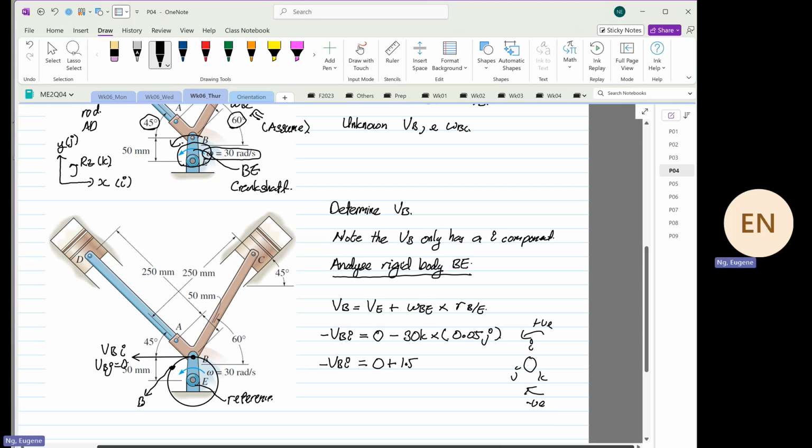And this is in your I direction. So what we have now is VB is equal to minus 1.5 meters per second.